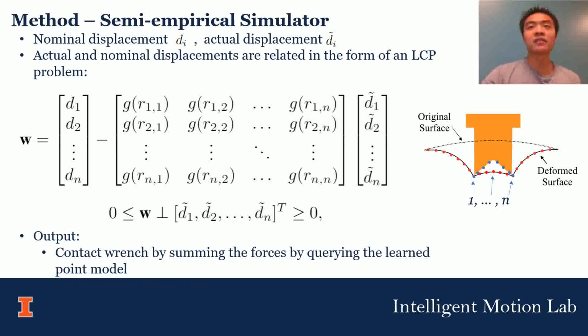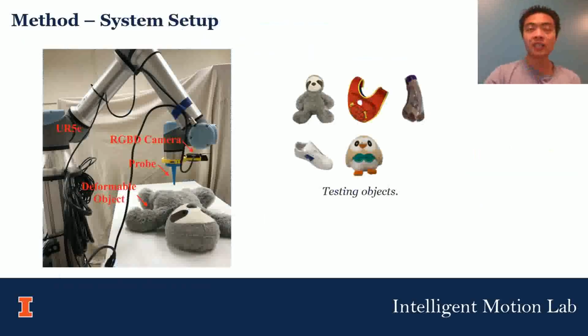The initial guess of the nominal displacement is calculated by a collision detector, and the points are shown as blue dots in the picture. This concludes the modeling part of the algorithm, and the results are the nominal and actual displacement of individual points. Then, if we train a point model that gives forces from displacement, we can compute the contact range at this contact. Next, we talk about how we collect data for point models.